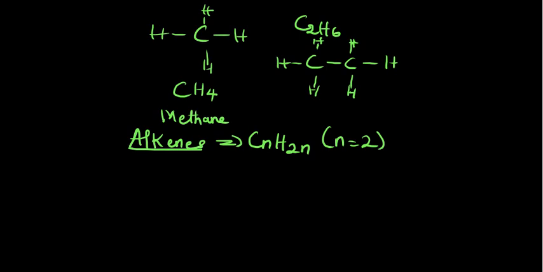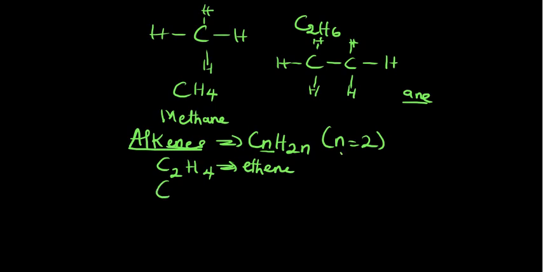So now let's substitute the value of 2. It's now going to be C2, 2 times 2, that is 4, so C2H4. You'll be using the suffix: in alkane it ends with ane, but here it is ene, so you'll be putting ene. Now we go to propene.